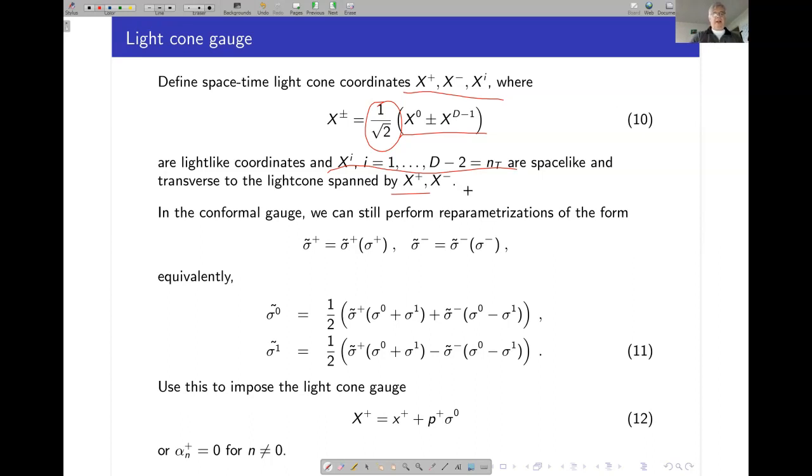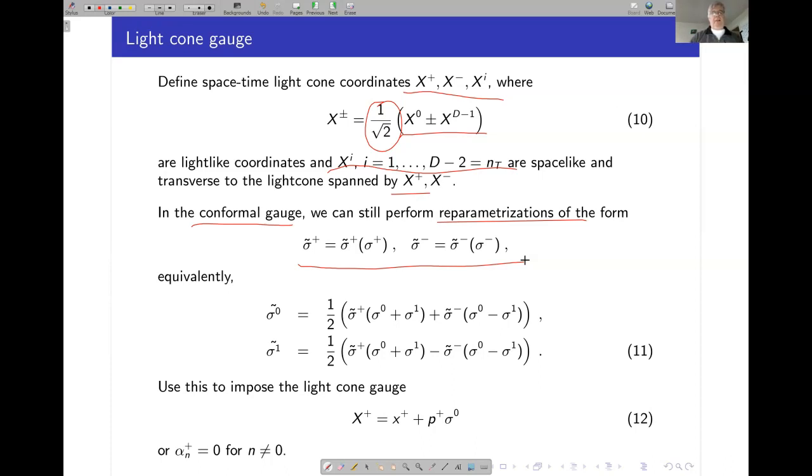Good. We have already imposed the conformal gauge, and our residual reparametrizations are all reparametrizations which do not mix sigma plus and sigma minus. Equivalently, we can write it out with sigma 0 and sigma 1, and then we see that the new sigma 0 tilde and sigma 1 tilde need to satisfy the wave equation with respect to the old coordinates.